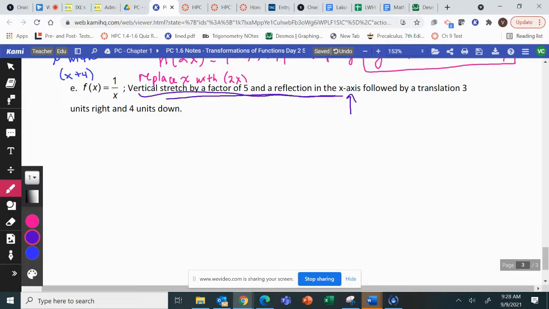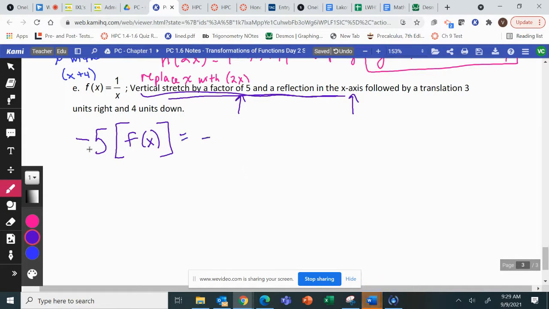In the x-axis is vertical. So both of these are vertical. So we take a negative and a 5 and multiply it by our function. Our function is 1 over x. So negative 5 multiplied by 1 over x. I'm going to simplify that and I'm going to get negative 5 over x.